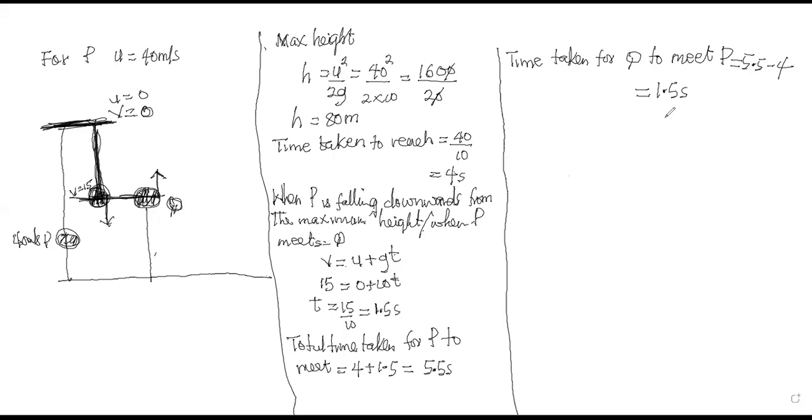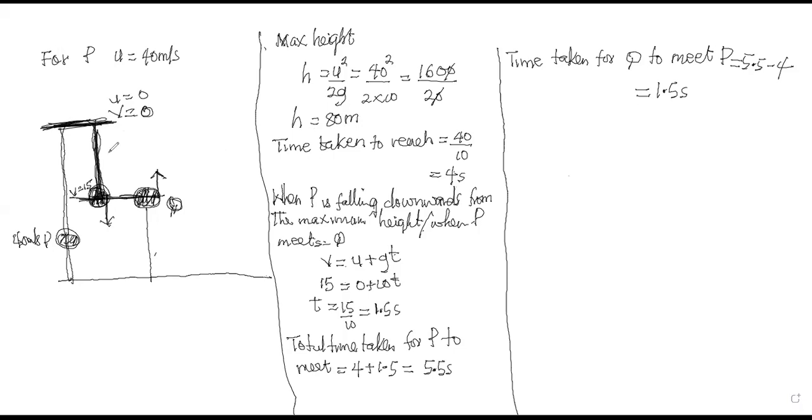Let's look at, by the time they meet, what is the total distance traveled by P? Somebody help me. Don't forget, we have the maximum height, which is equal to 80.